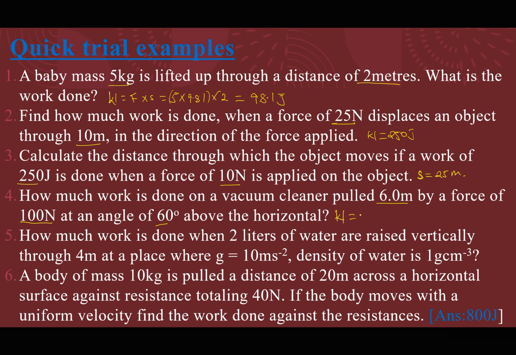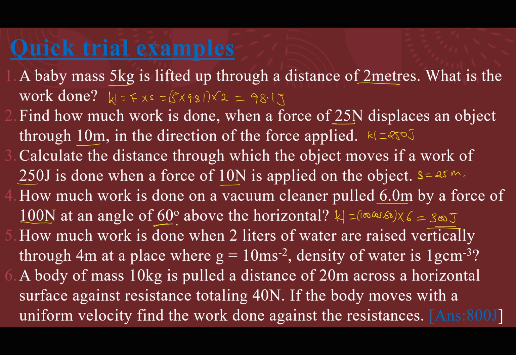Therefore the work done is 100 cos 60, that is the force, times the distance, which is 6. So 100 cos 60 is 50, then times 6. So the work done is going to be 300 joules.